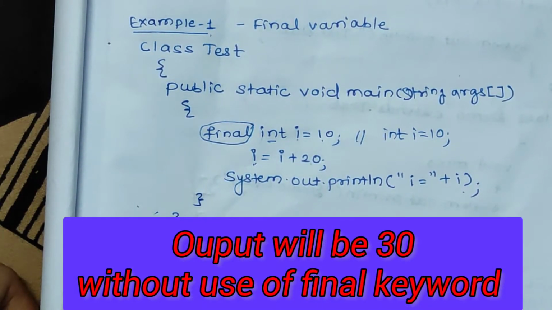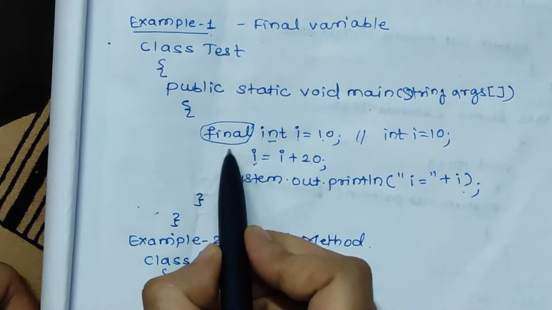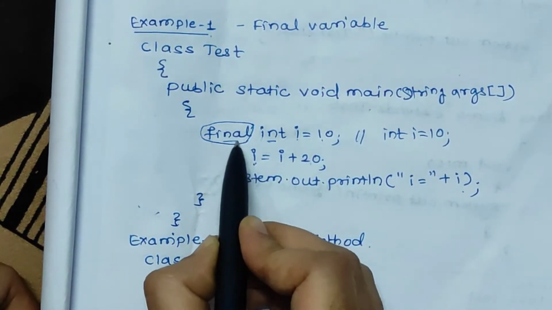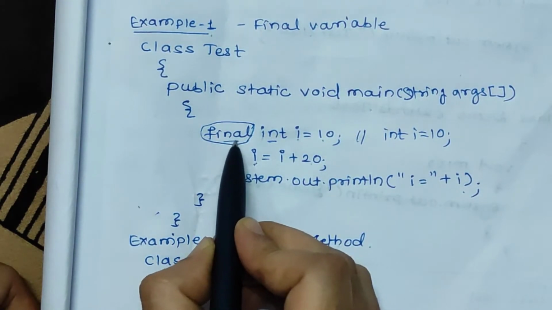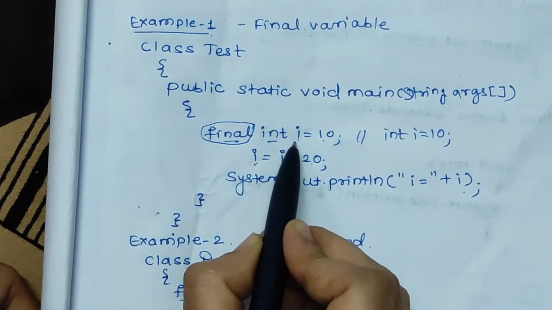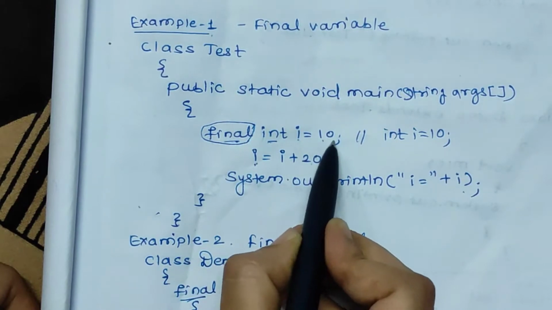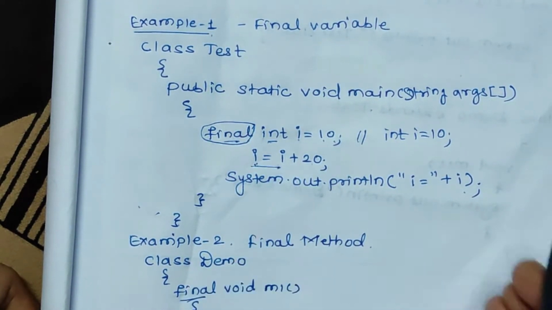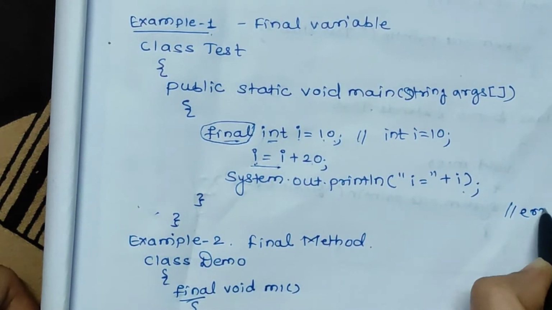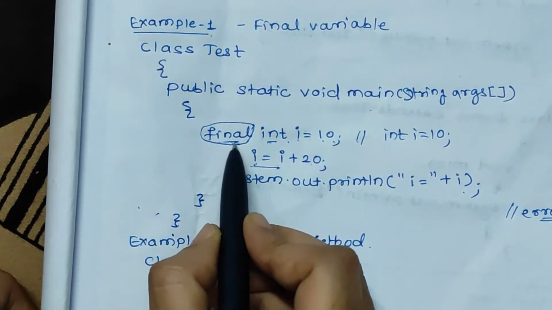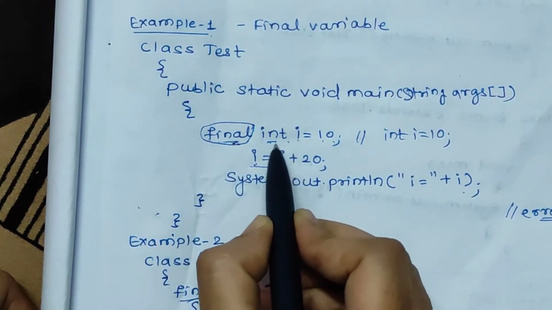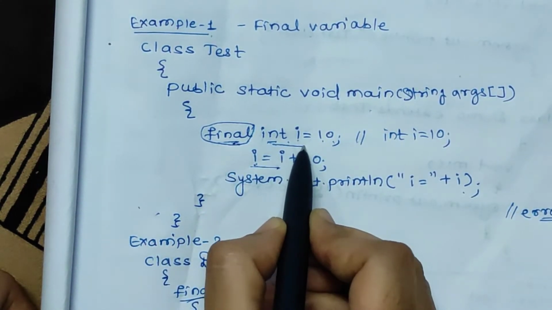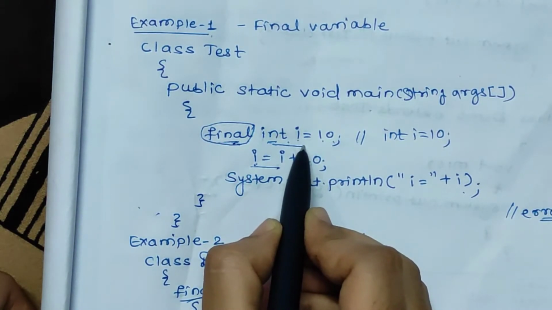Now we will discuss what happens if I write the final keyword before this int. If I write the final keyword before this integer variable i equal to 10, and I try to increment the value of i, it will give an error. If I use the final keyword before a variable declaration, it is not possible to change the value of that variable throughout the program.